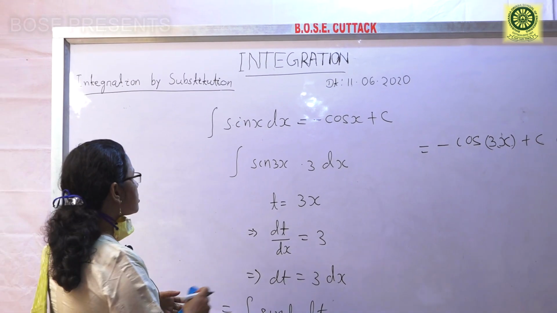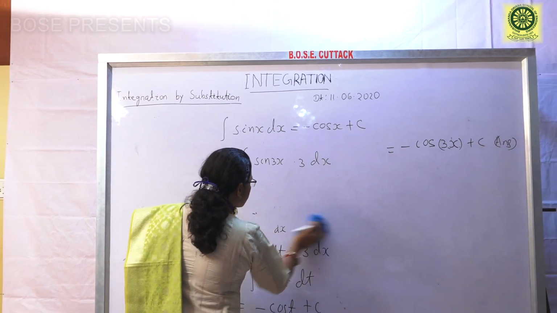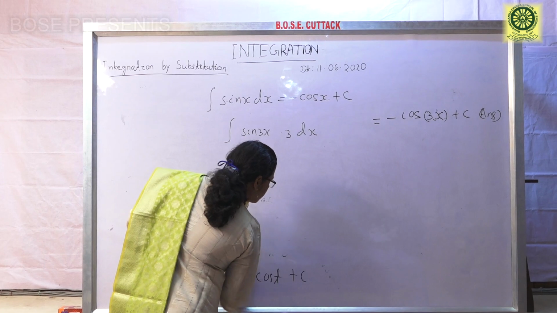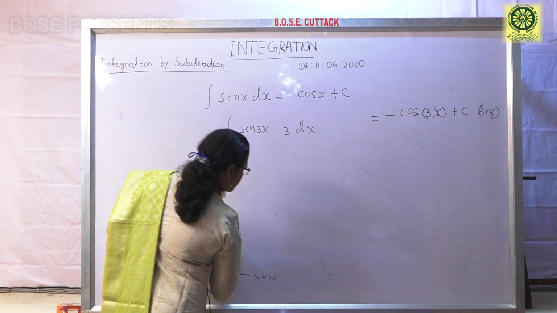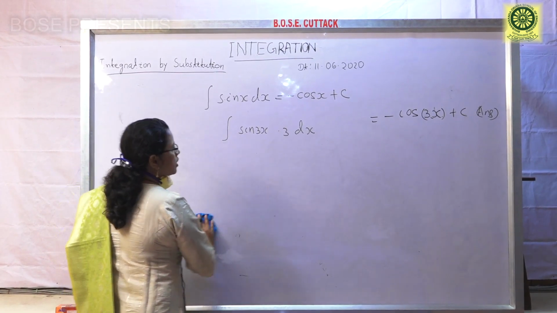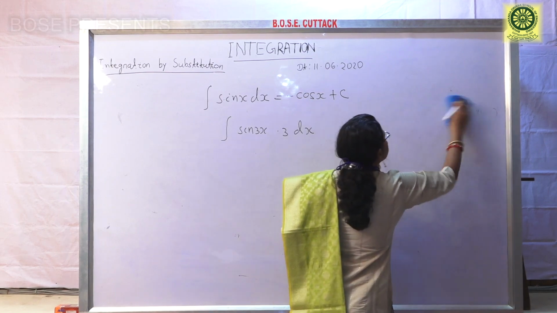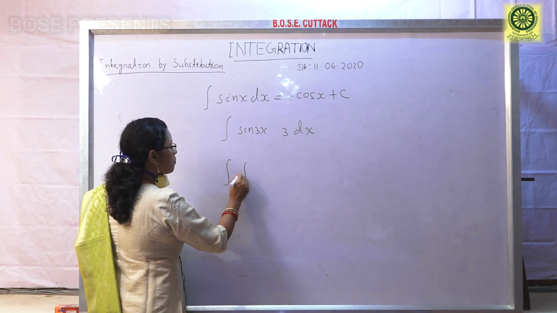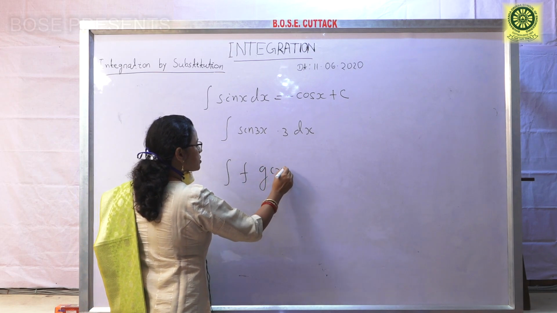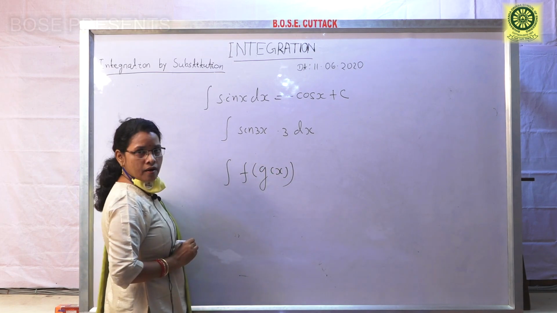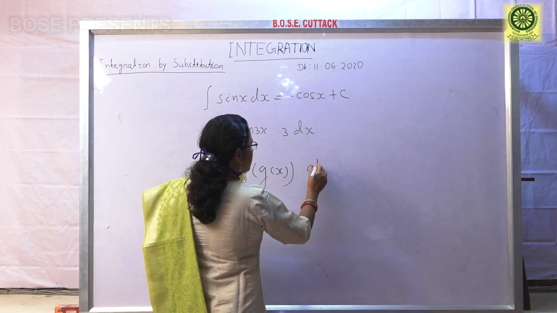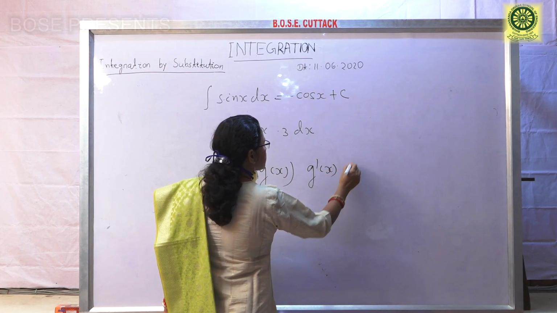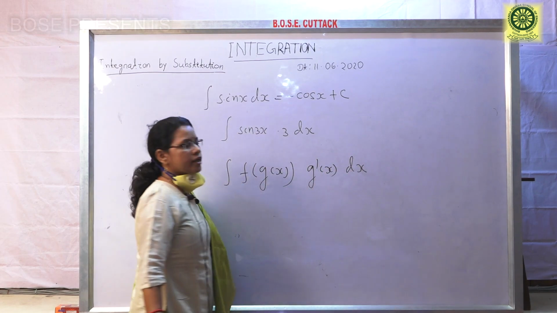So now let us generalize this for any function. That is, if you are given to integrate f of g of x into g dash of x with respect to x.